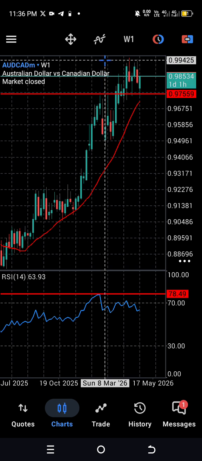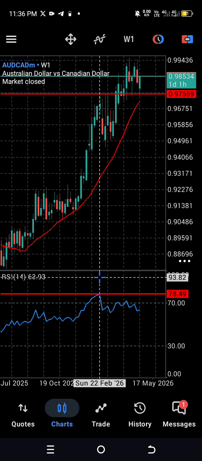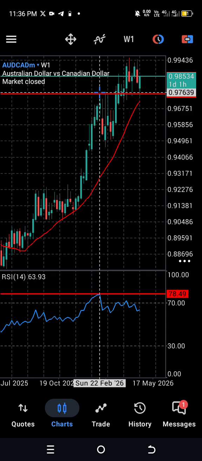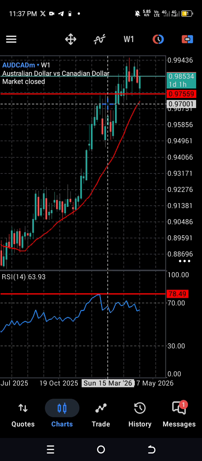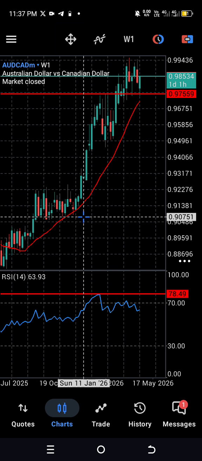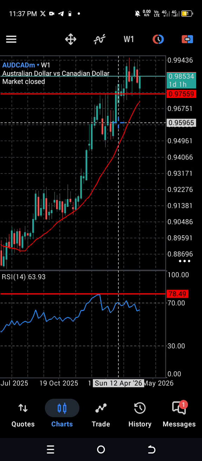Are you seeing it now? But what happened? Look at our oscillator. This high here is equivalent to this high. Now, when the market broke this level, 0.97559, we are expecting our oscillator to also break this 78.49 level so that it will be in line with what the price is saying.